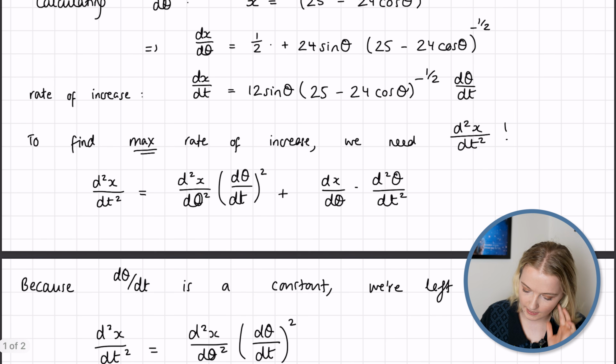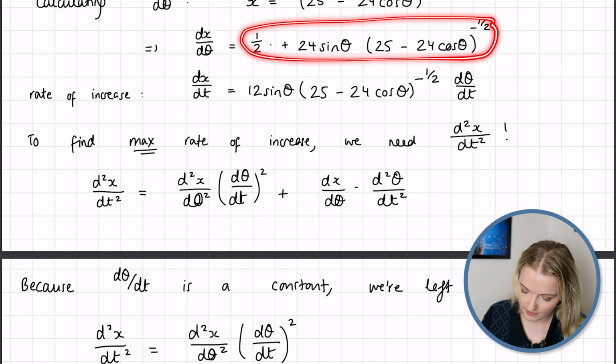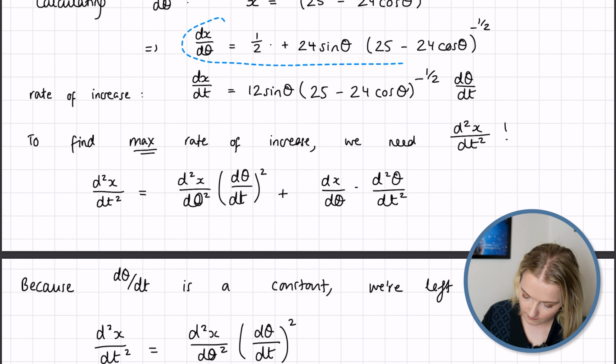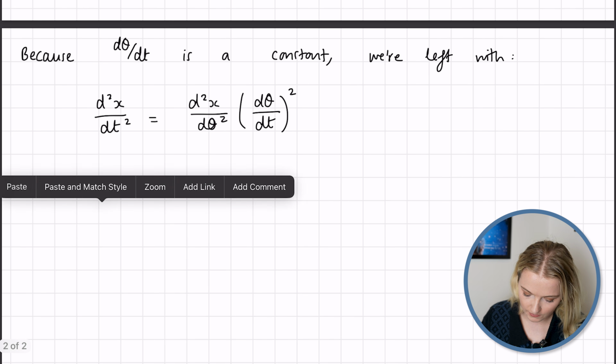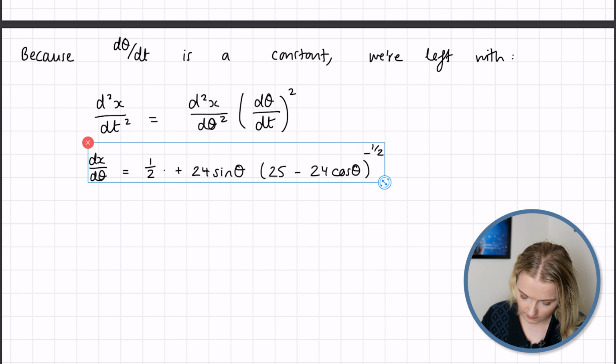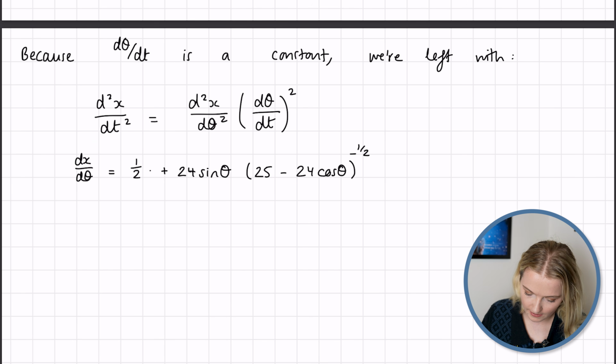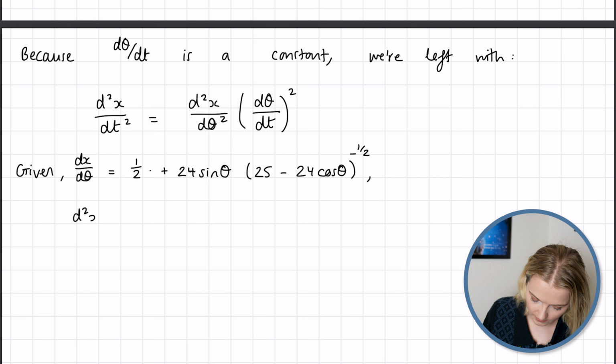So what we can do is take this in here and differentiate this again. So I'm going to copy that just so we can see it below, and we'll differentiate it again. Cool. So pop that there, and given this, then we know we can calculate what d squared x by d theta squared is.